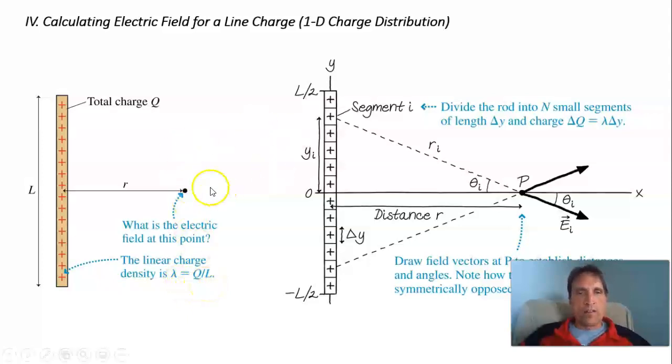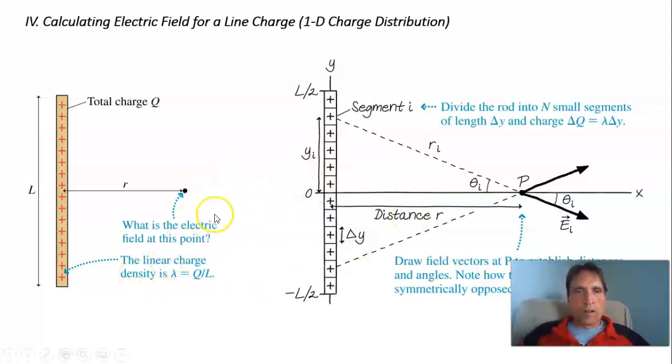What we want to do in this example is calculate the electric field at some distance, which the author calls R, from the center of the wire along this axis perpendicular to the wire, at some observation point P.